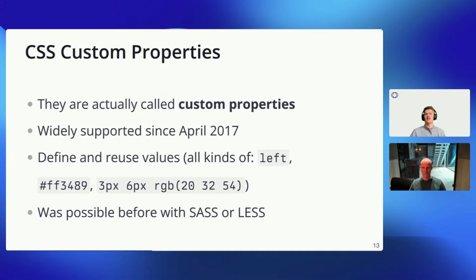So this was just an enhancement for development. And yeah, literally variables were the main reason these technologies existed. And actually nowadays CSS implemented this, and of course also other features that were popular in those. So I don't see these two being used much anymore. But that's good, I guess.